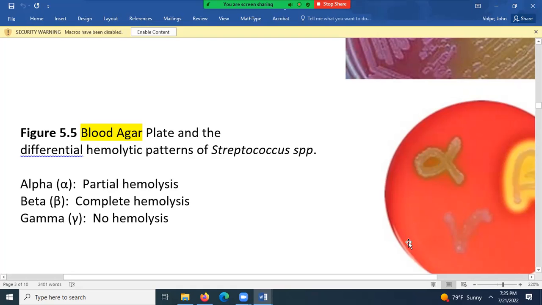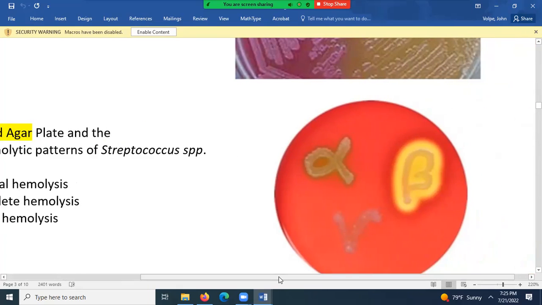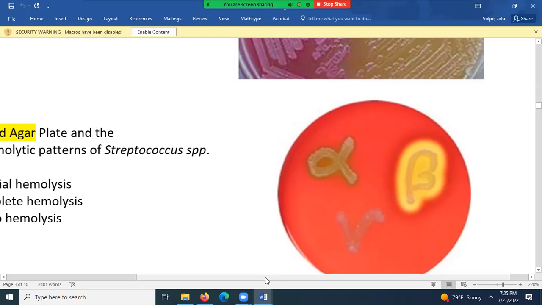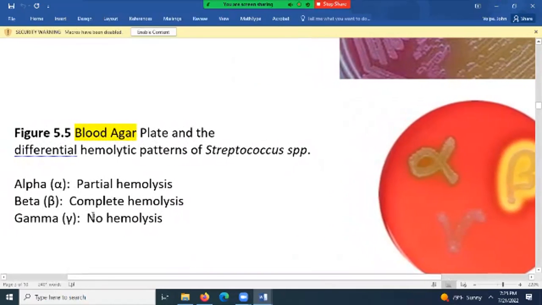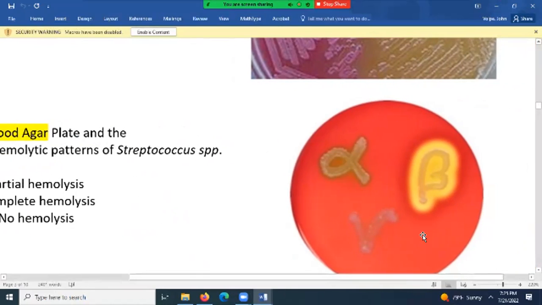All right, the third hemolytic activity is complete hemolysis, which is called beta hemolysis. Here in white, we have the bacteria in the B, and then around the B, we have a complete clearing of the blood.